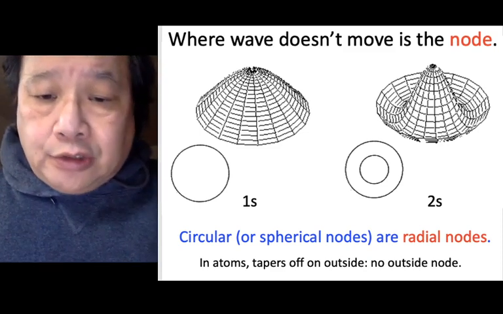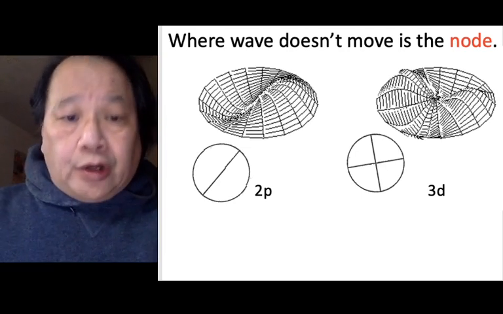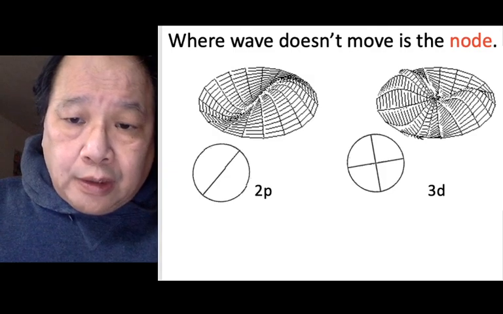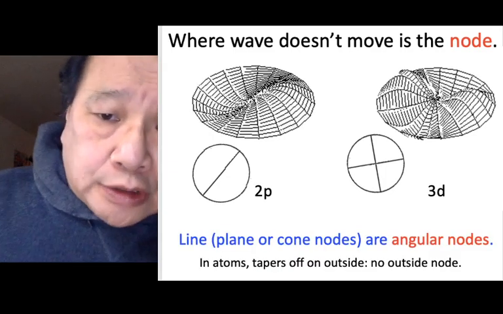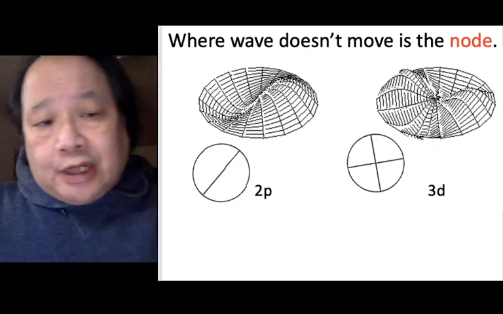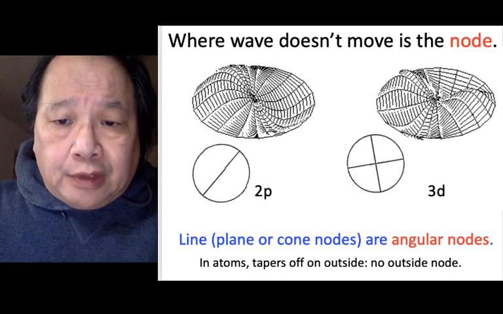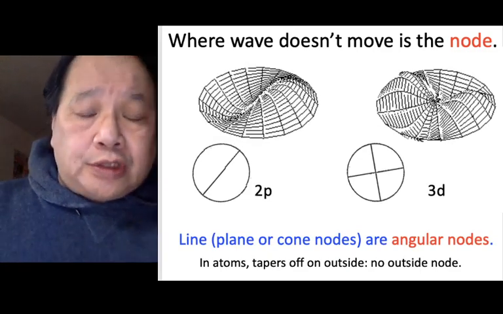Okay, let's look at some more stuff. Besides radial nodes, there are other kinds of nodes. Let's look at 2p. So here's a movie of 2p. In 2p there are places where it's not moving, but is that in a circle or a sphere? Let's play it again. And the answer is it's not a circle or a sphere where it's not moving.